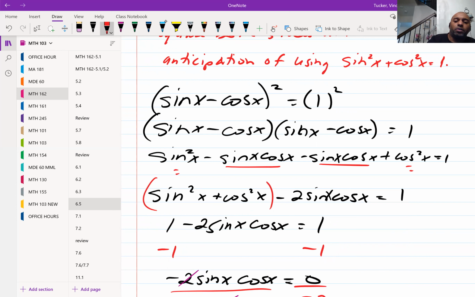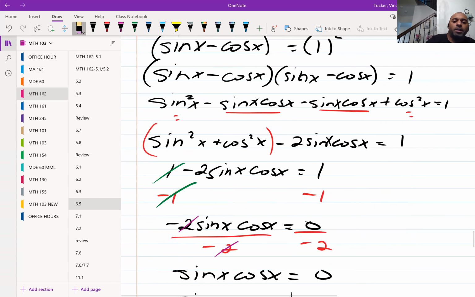Now, continue your solving. You're going to subtract 1 from both sides. That will be -2 sine x cosine x equal to 0. Because the -1 and the +1 cancel on the left, but it also cancels out on the right as well.